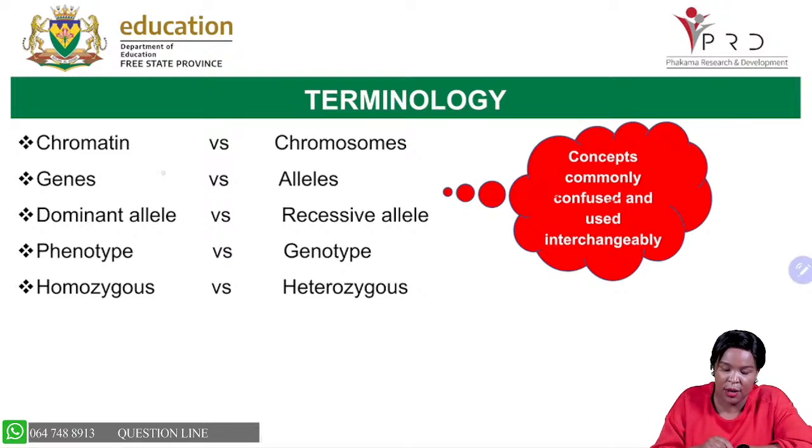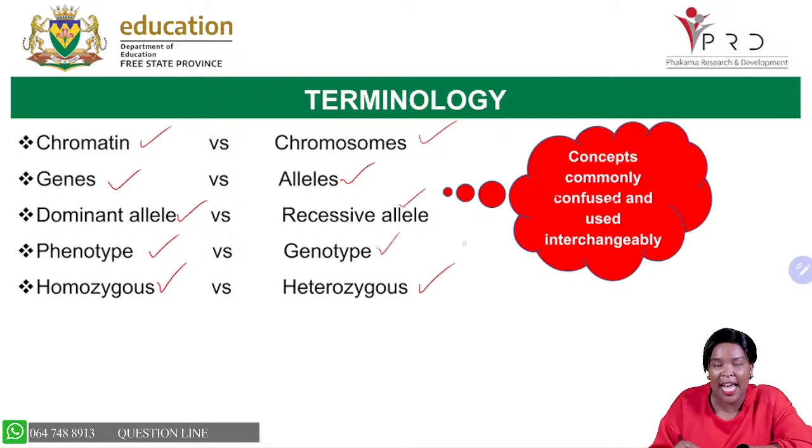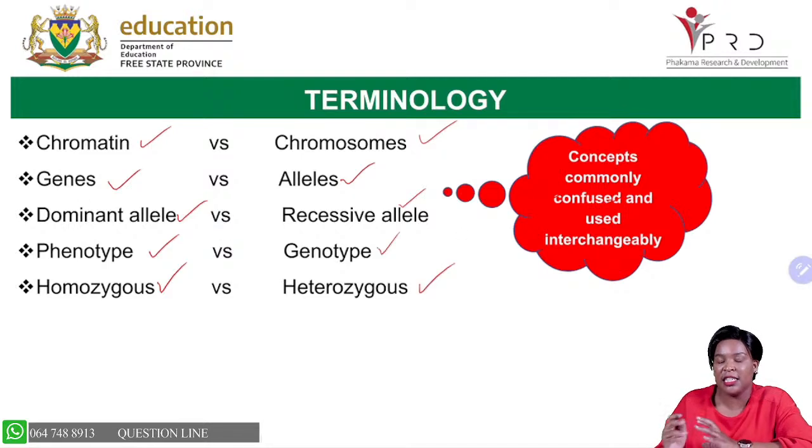So go check the word chromatin versus a chromosome, genes versus alleles, dominant allele versus recessive allele, phenotype versus genotype, and homozygous versus heterozygous. Those are the terminologies that you need to know when to use which one. Then we are going to talk about them in the next section.